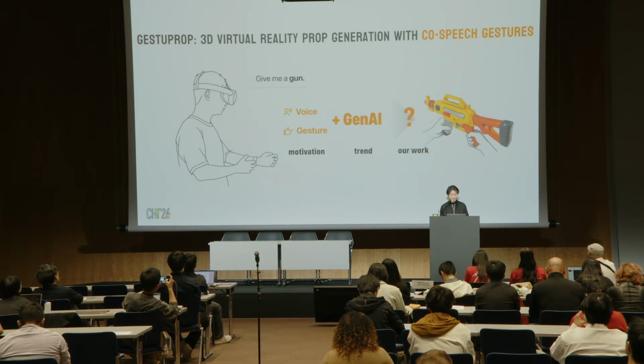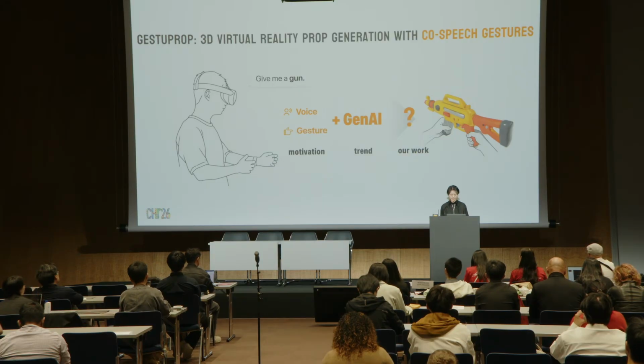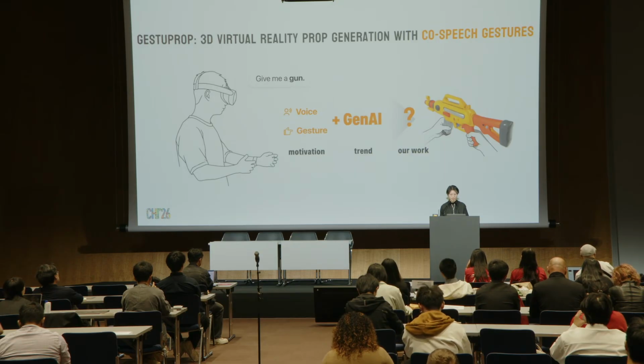So this leads to our question. In VR, how can we use AI to enable people to create the objects they want both naturally and intuitively? More specifically, how do people use gesture and speech together to describe a new object?